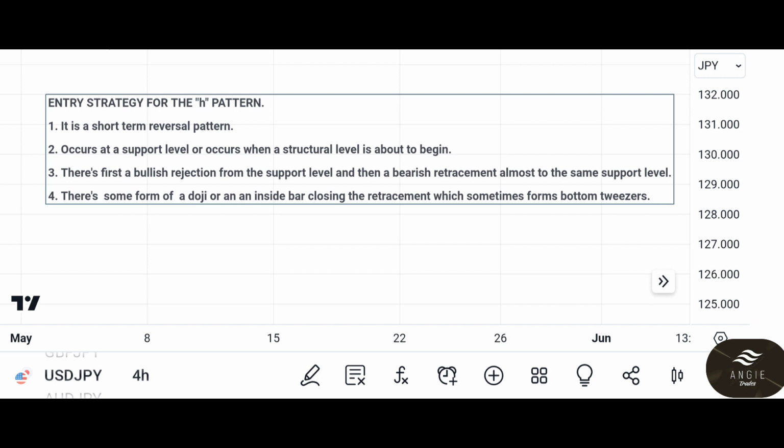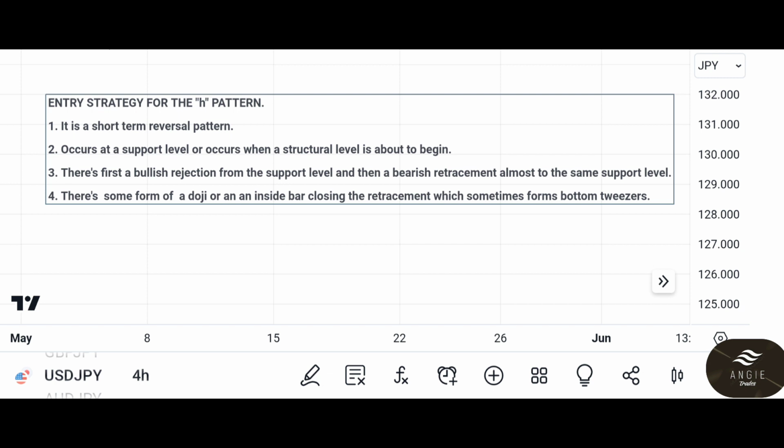Even when you can't find any previous support level near that structural level, it can form at the beginning of a structural level. I hope you get me.